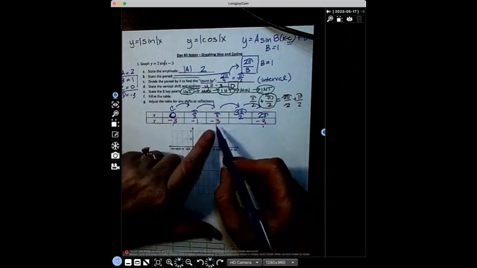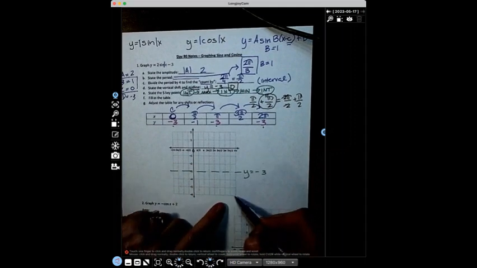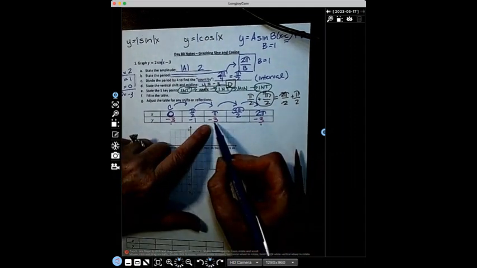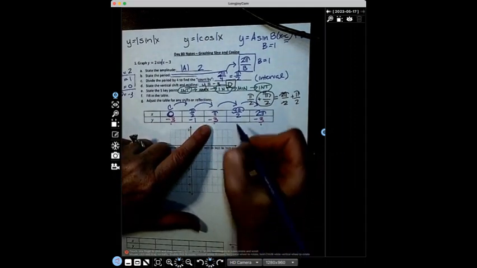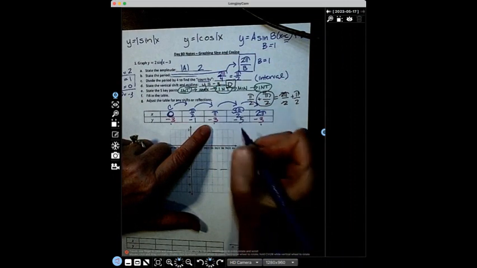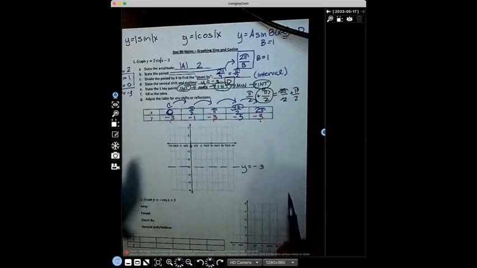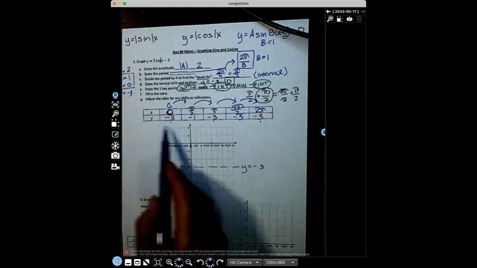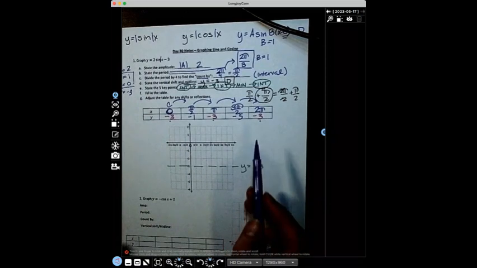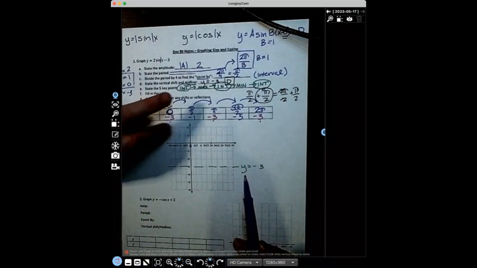Okay. And then I'm going to come down to the minimum. So I take -3 and I subtract 2. And that's going to be -5. Okay. So now I've got my y values.